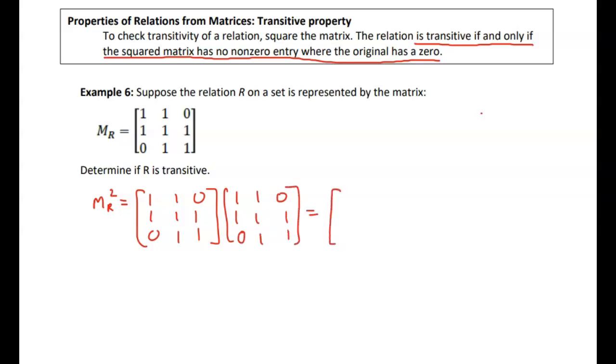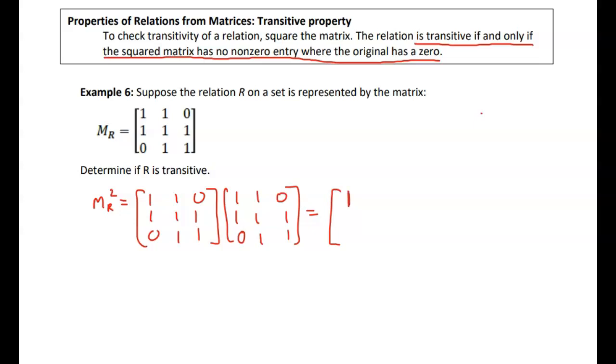All right. So we're multiplying the rows with columns. So 1 times 1 is 1, plus 1 times 1, which is 1, plus 0. With Boolean algebra, you get 1.